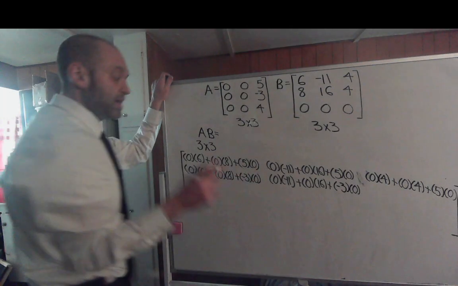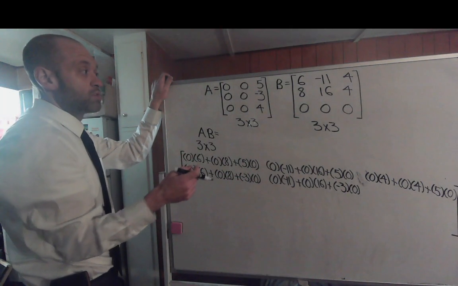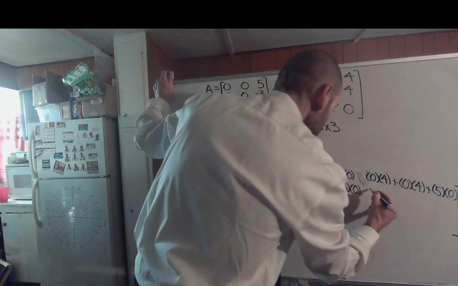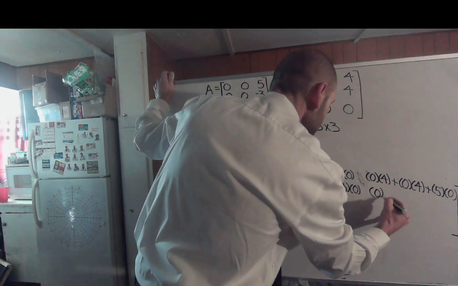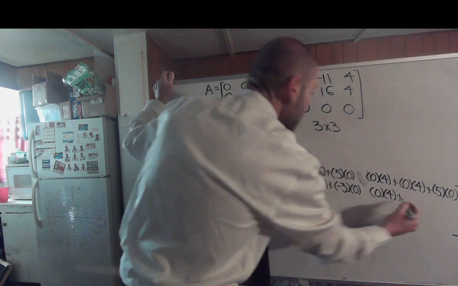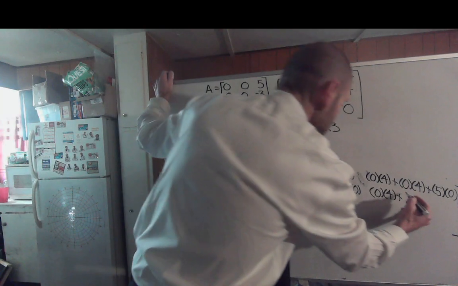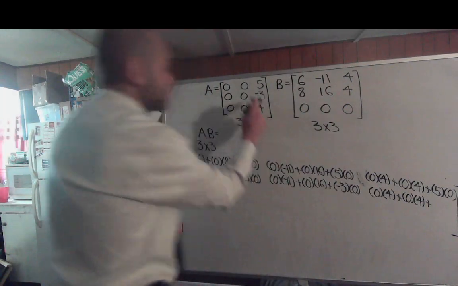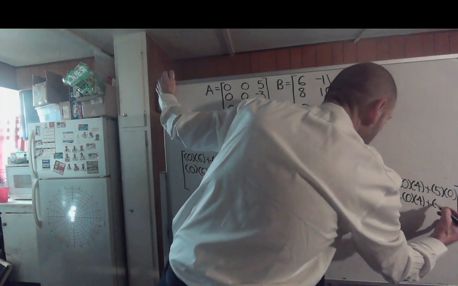Now let's do the final number of the second row. We'll take the second row times the third column. So we'll have 0 times 4 plus yet another 0 times 4 plus -3 times 0.